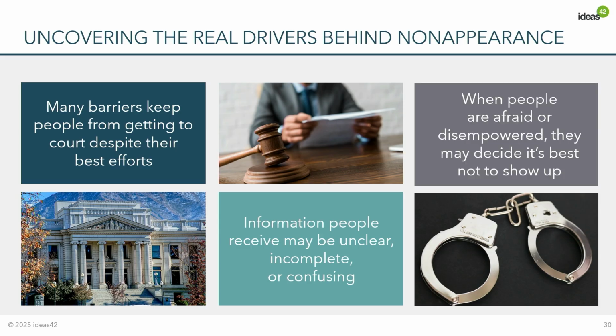But we've actually seen that when people are afraid or uncertain, they don't know what's going to happen to them when they walk into that courtroom, they might avoid court, even if they know what the consequences are. So understanding all of these drivers helps us know what the underlying problem is, and then we can identify solutions that actually address those problems, like court reminders.